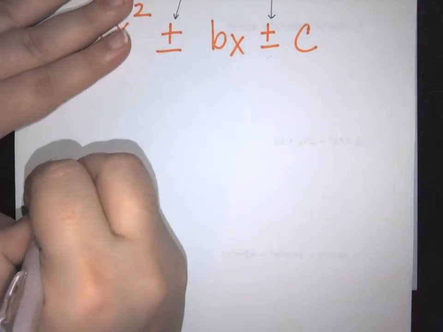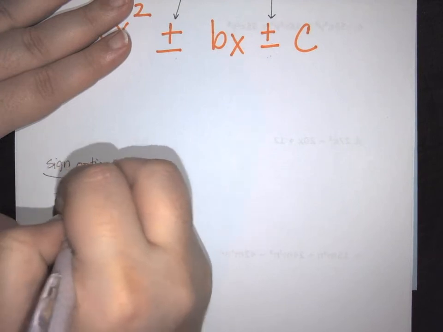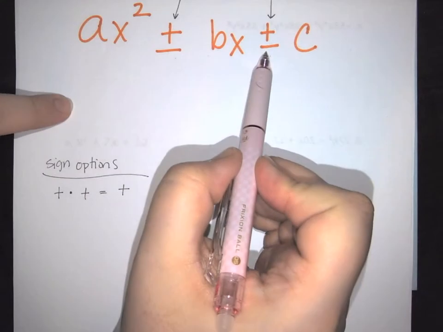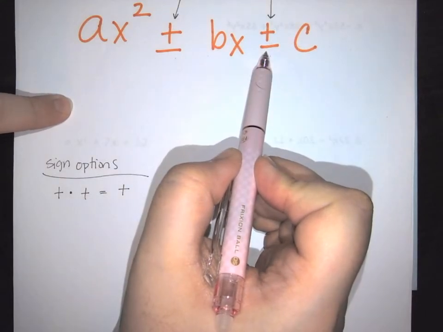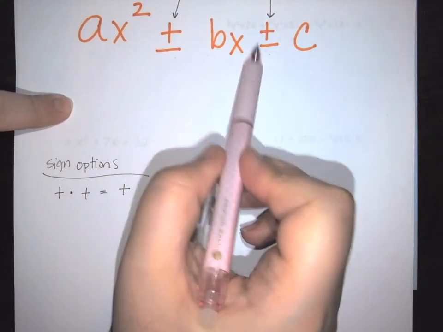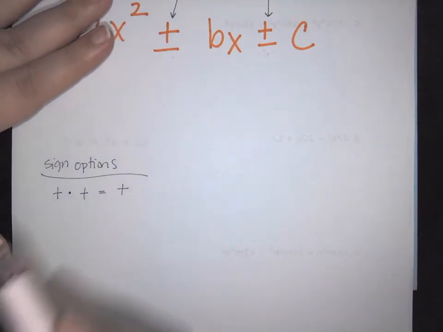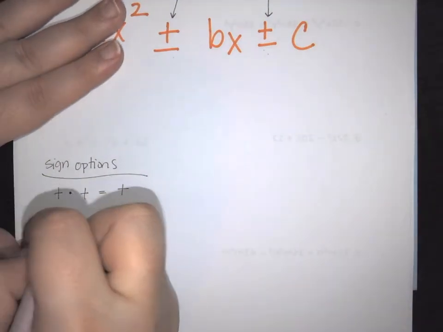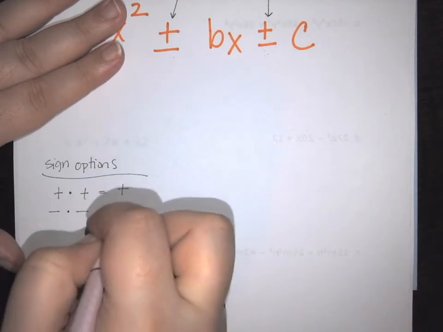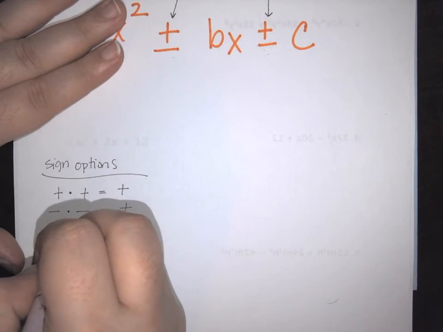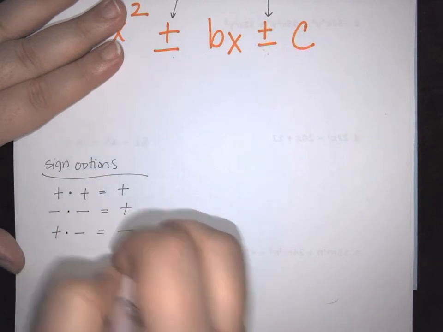So here we have that positive times positive gives you a positive result. When we're looking for my two factors, we have negative times negative, which also gives you a positive result. Last, we have positive times negative, which gives you a negative result.